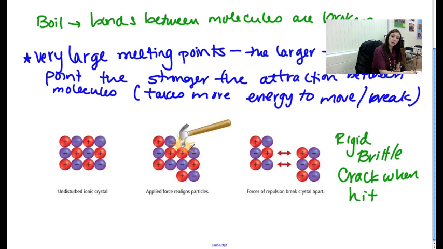When you apply a force to it, it realigns these particles. Now the positive, positive, and negative, negative are side by side, so they're going to repel. So now these two repel, and the crystal breaks. Salt crystals are not going to bend; they crack, they break, which makes them very brittle.